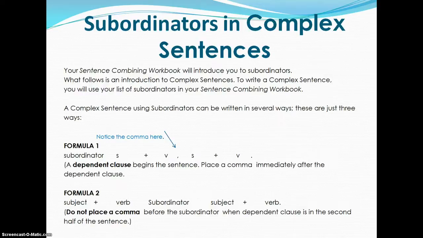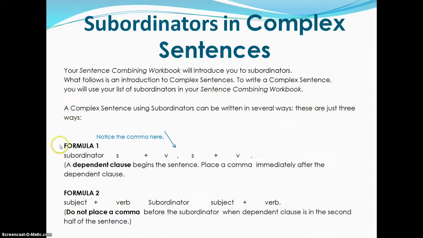And this one, if you can see that structure and you see the pattern, we can call the complex sentence. To write a complex sentence, you will use your list of subordinators in your sentence combining workbook. Complex sentences using subordinators can be written in several ways. These are just 3 ways.